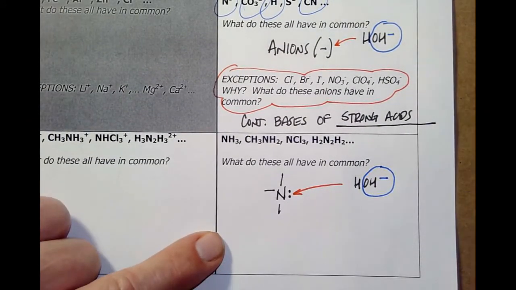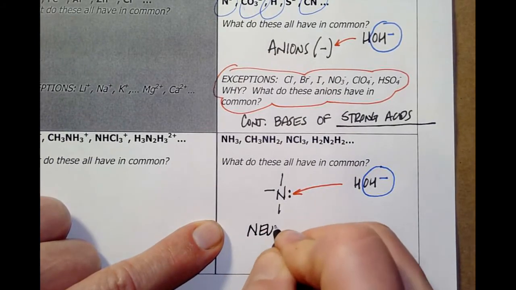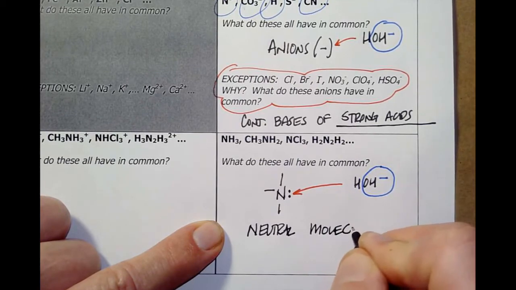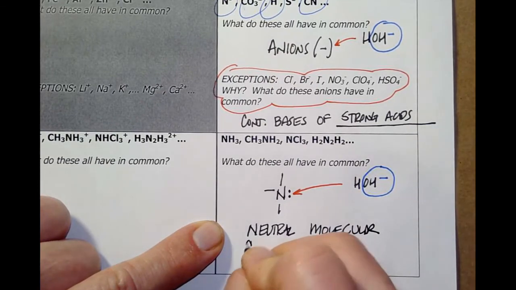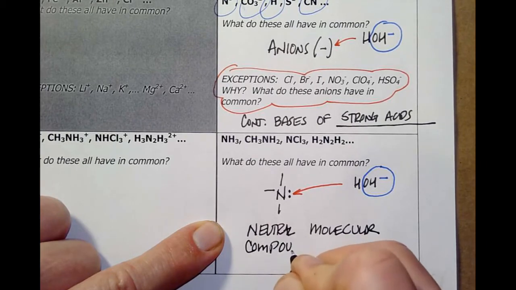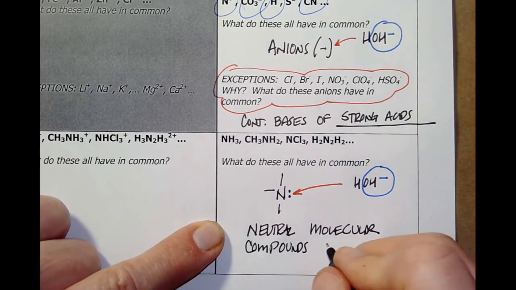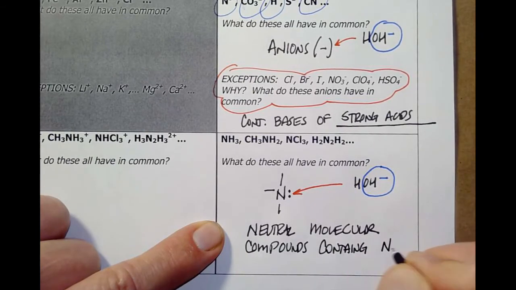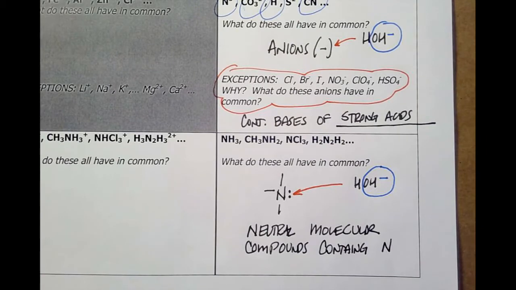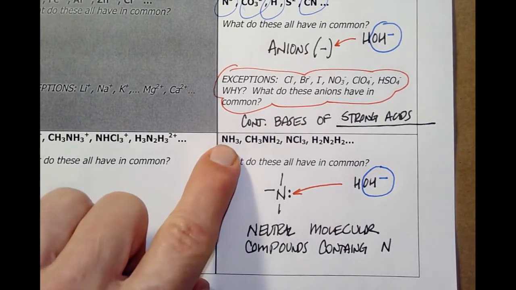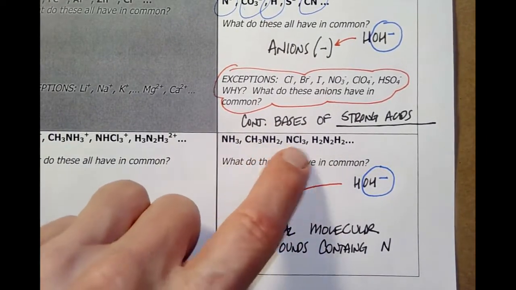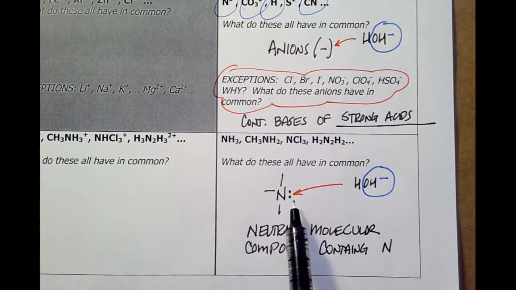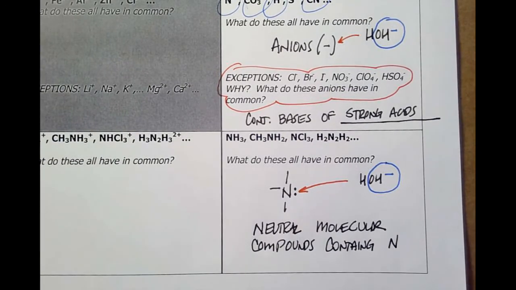So we have to be very careful about this: neutral molecular compounds that contain nitrogen. Anytime I see a compound that has nitrogen, it's neutral, covalent, molecular, and there's a nitrogen in there that looks like that, I know that this could be basic.